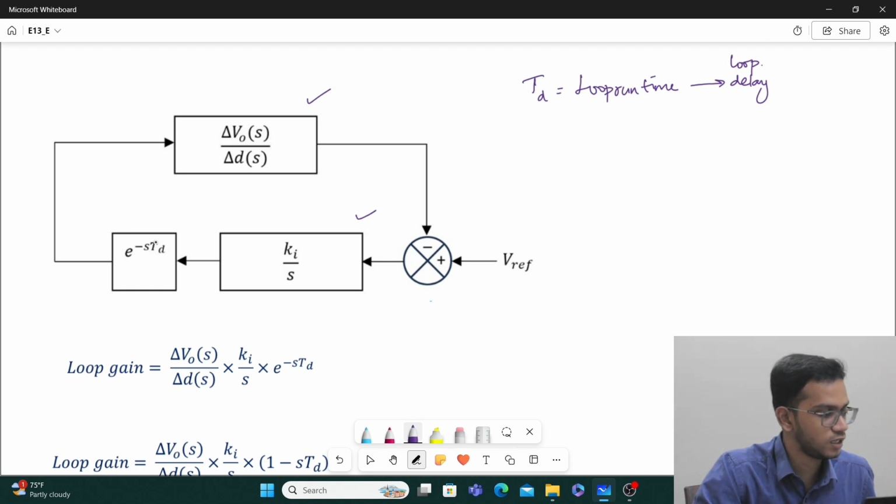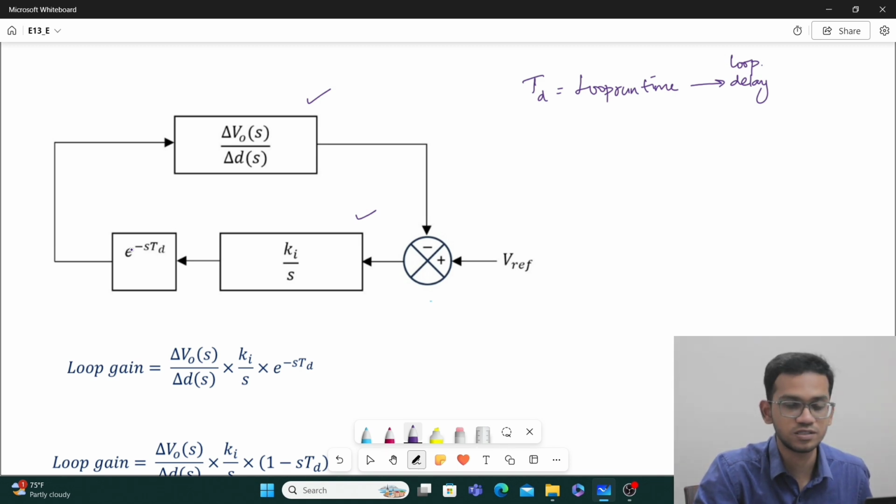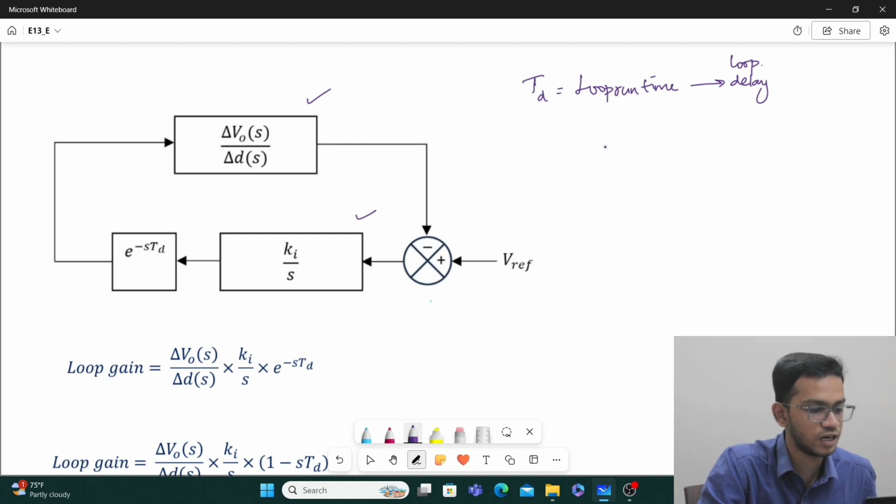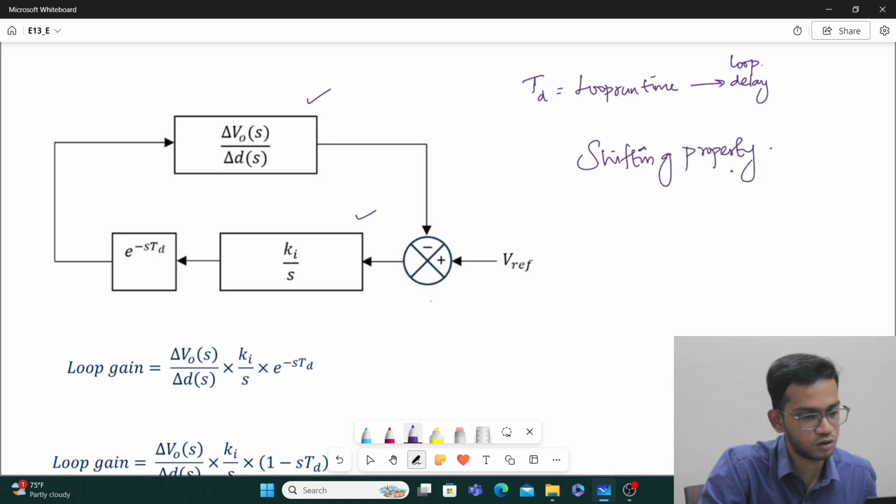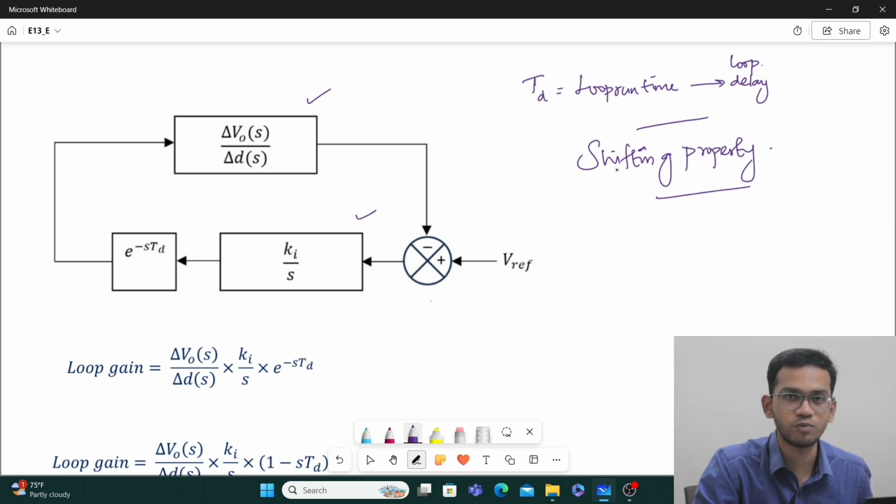Next, why is this not some other thing? Why not sin td? Why not cos td? Why is it e power minus s td? This is because it is derived from the shifting property of Laplace transform, the time shifting property. So I do not wish to spend more time here.